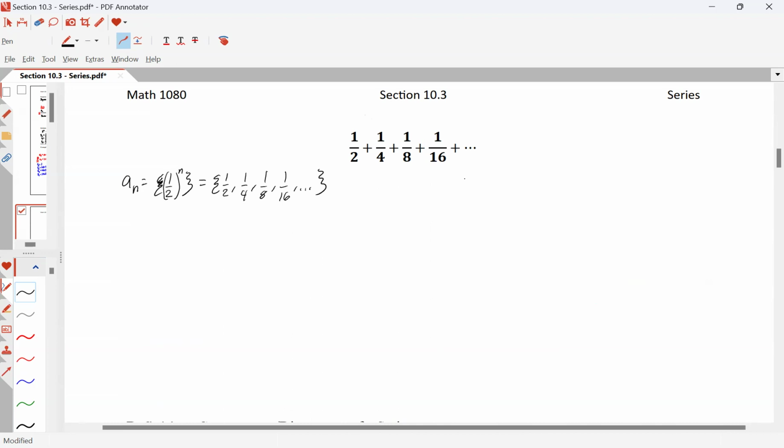And we know that the limit as n goes to infinity of 1/2 to the n is 0 by it being a geometric sequence. So the sequence of 1/2 to the n converges.